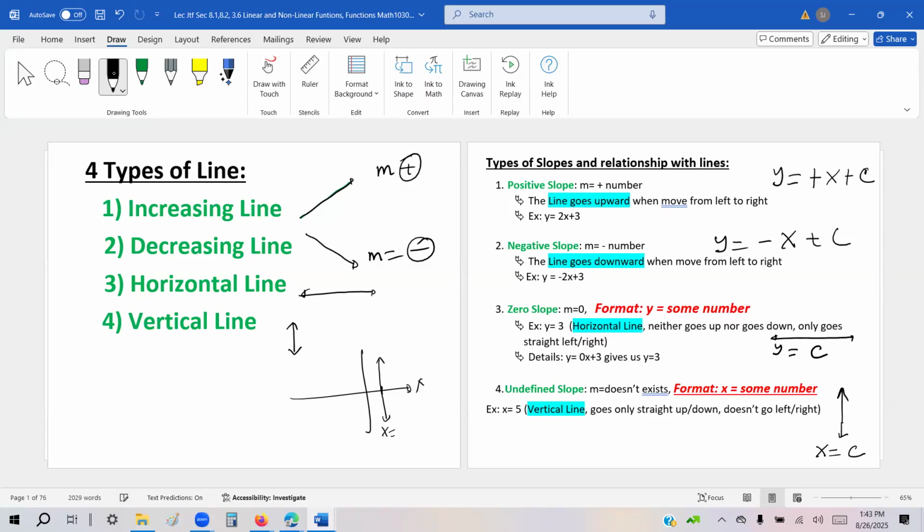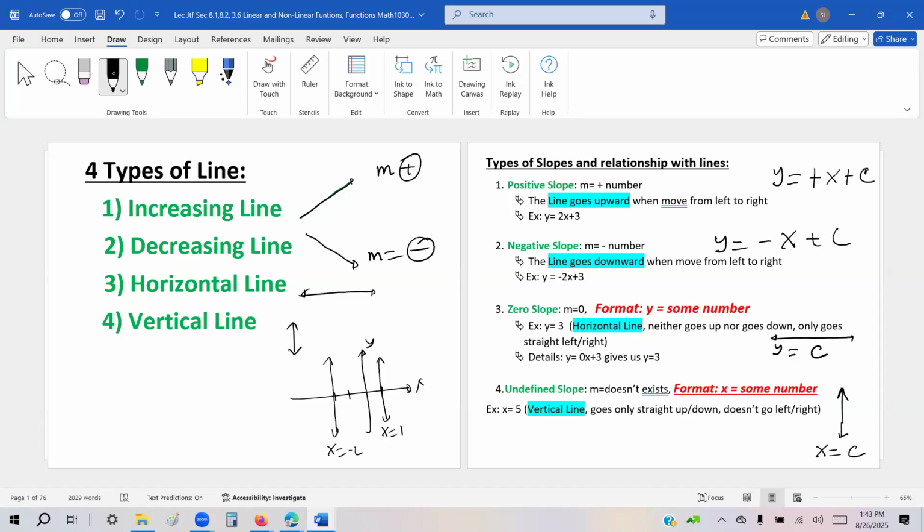It goes through only the x value 1. Here, this is a vertical line. It goes through the x value -2. So all those vertical lines go through only one number, that's the x value. So that's why every vertical line has x equals some number. Every horizontal line has y equals some number.